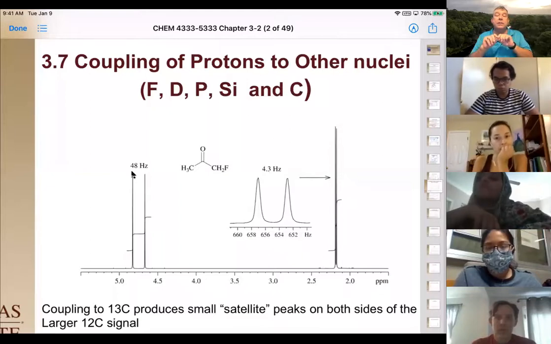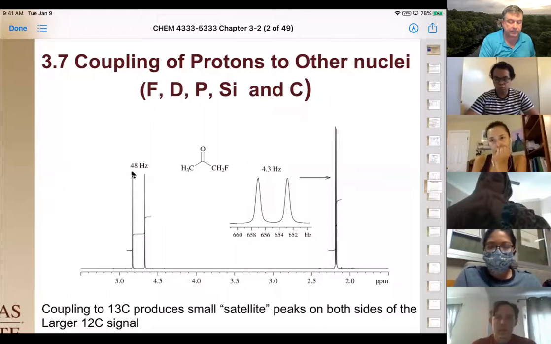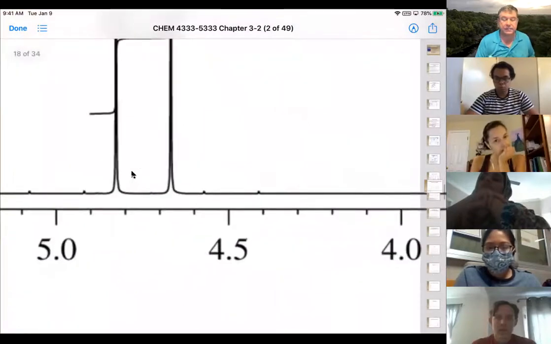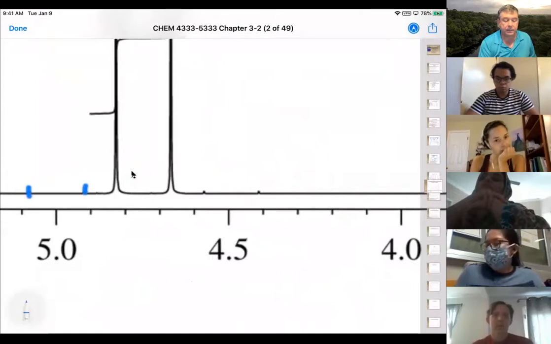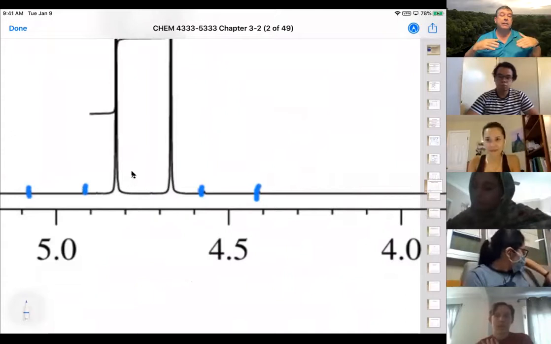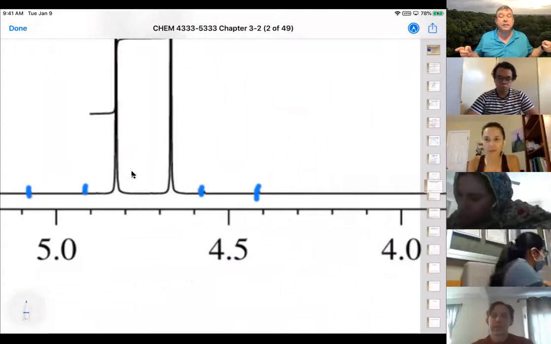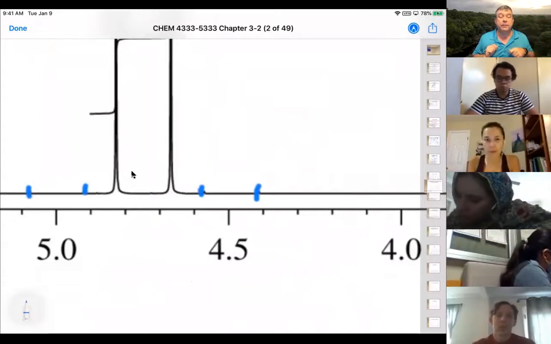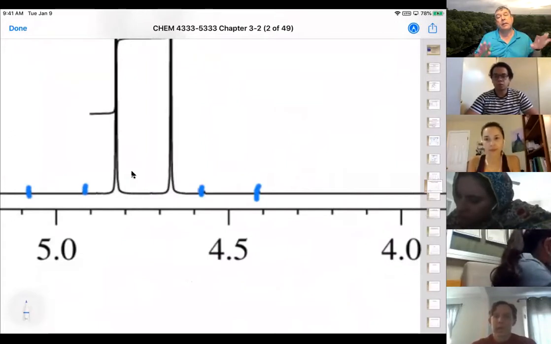So what you see is what we call spinning sidebands or satellites. An example of a satellite is something like this and this and this and this. See how those little peaks are just barely about 1%, and they're evenly spaced out from our primary signal? Those are what we call satellite peaks, and those are typically found from carbon-13.